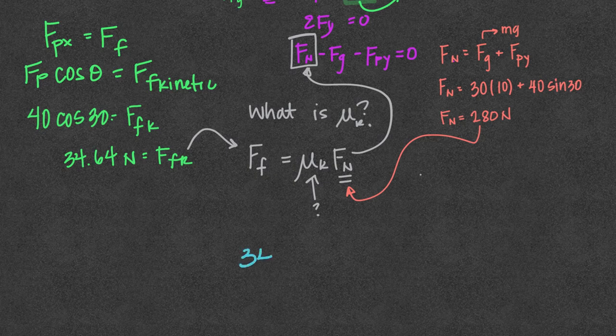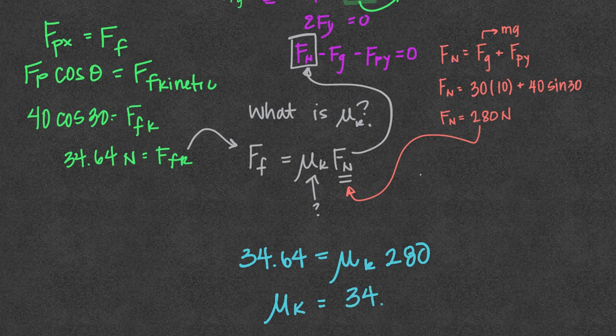So we have 34.64 is equal to mu kinetic times 280. So mu kinetic will be equal to 34.64 divided by 280, which gives us 0.123 as our coefficient.